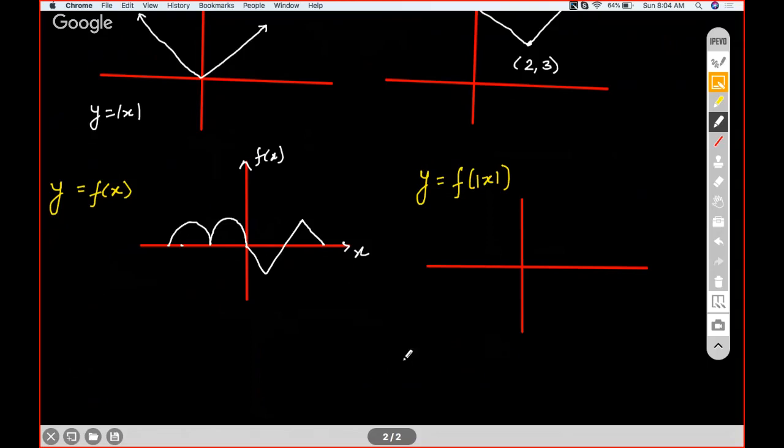So mod x, meaning that if there's a negative value given for x, the output of that will be a positive value.